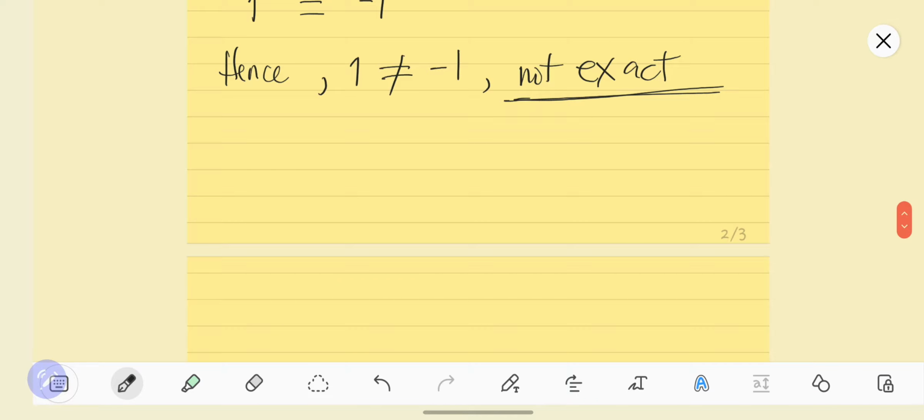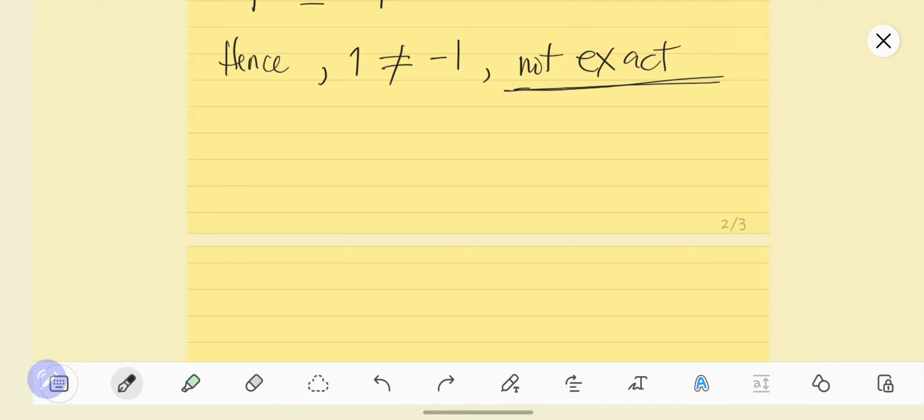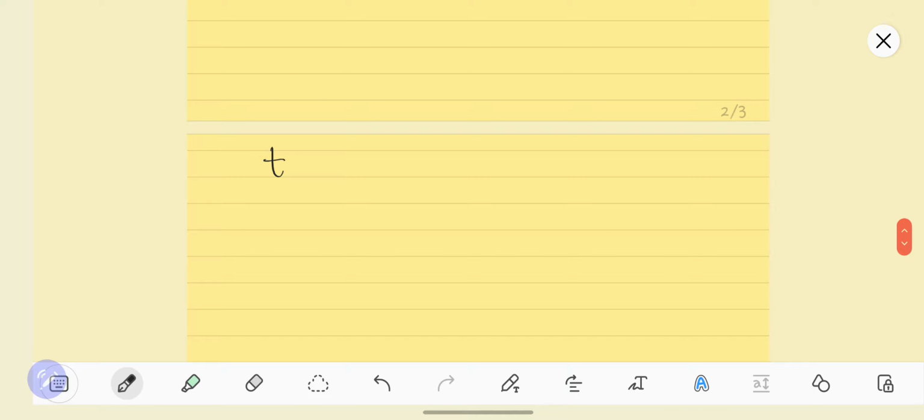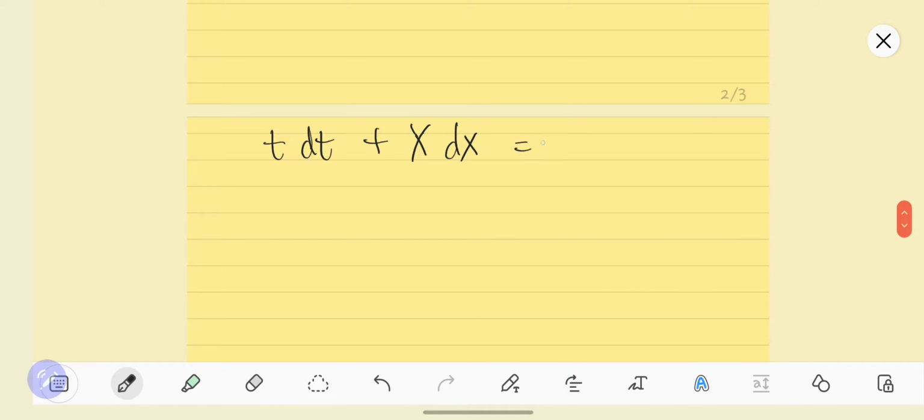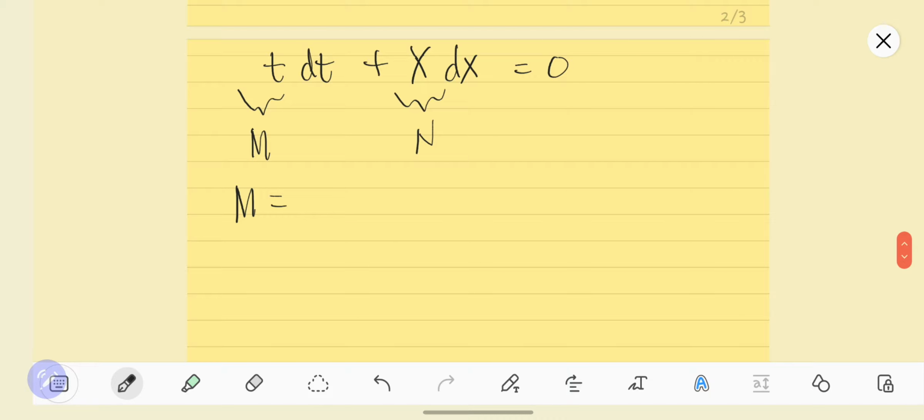Next example: t dt plus x dx equals 0. We know that beside dt is M, and beside dx is N. So M is equal to t, and N is equal to x.